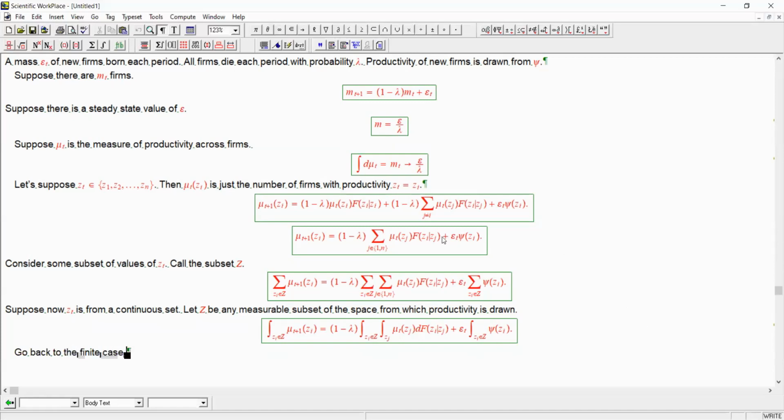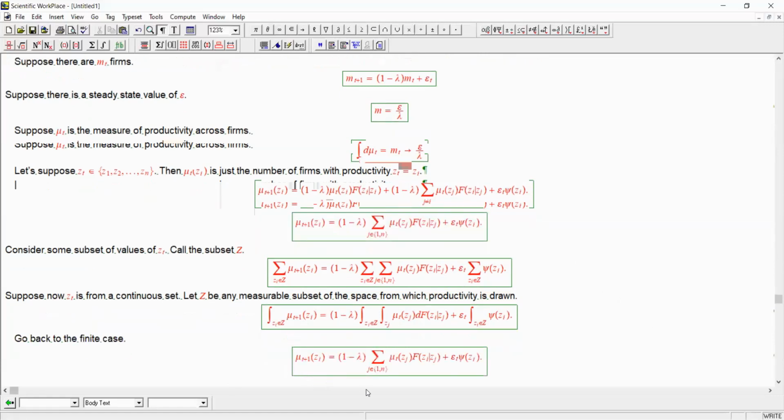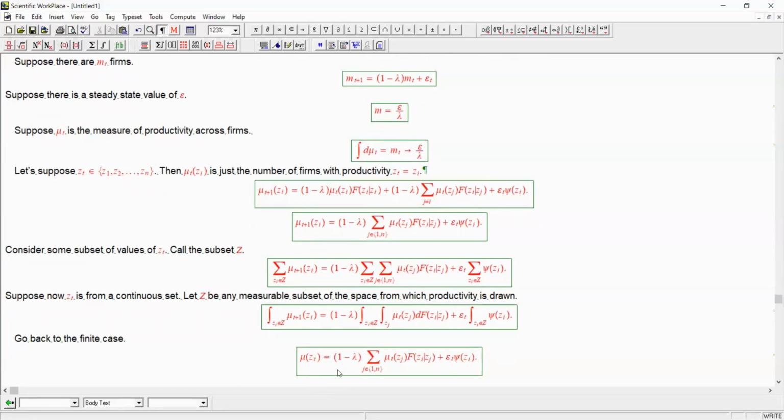In the finite case, we have this. And just as if we think about the total measure overall, it's going to converge to something. You can imagine this is also going to converge to something. So let's remove the time subscripts and consider a hypothetical steady state.